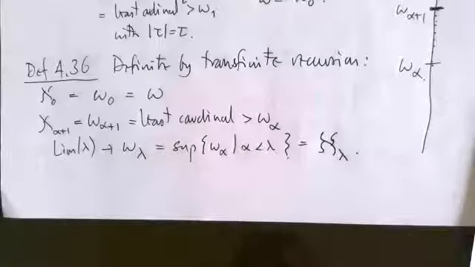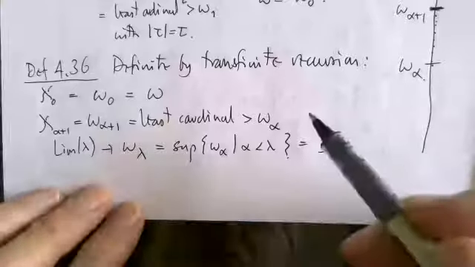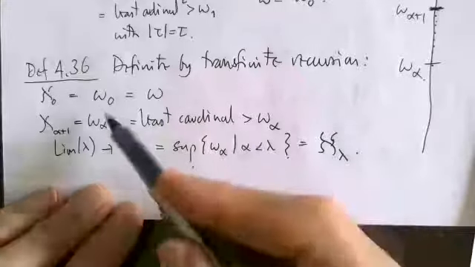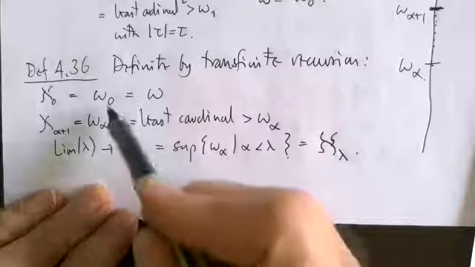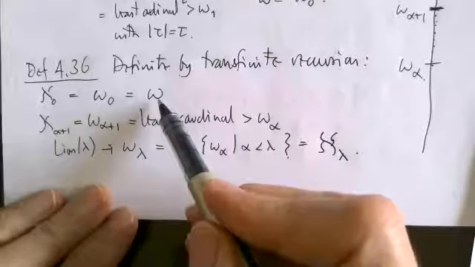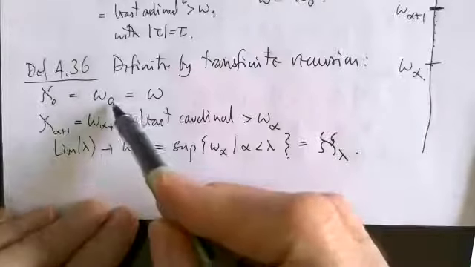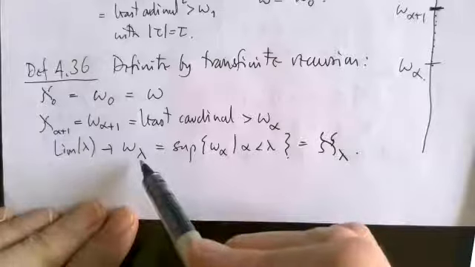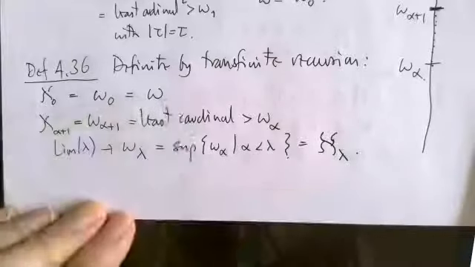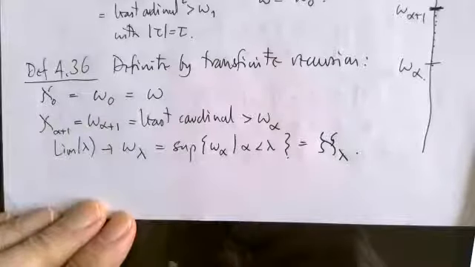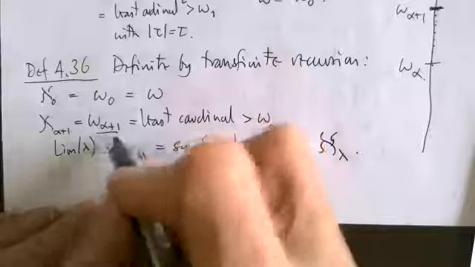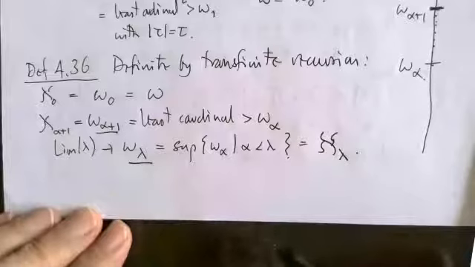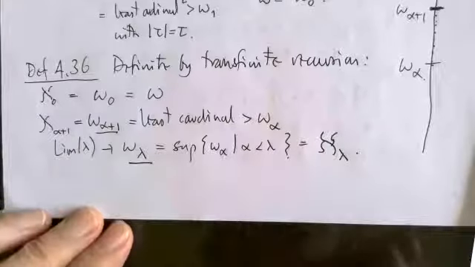Now, infinite cardinals, just like the ordinals that index them, come in three flavors. The indices are either zero, successor, or limit. So omega 0, that's our favorite omega here. These are called successor cardinals, and these are called limit cardinals, for obvious reasons.